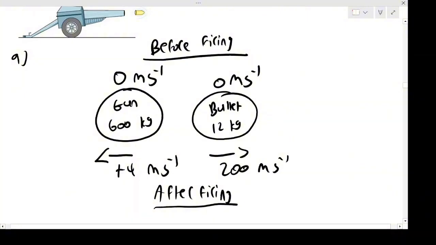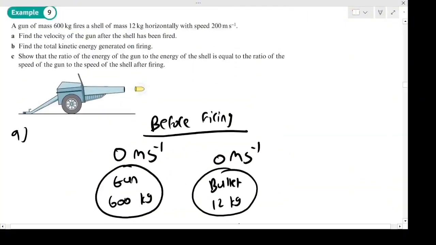So it tells me when this cannon gun shoots the bullet forward, it goes backwards. That's called recoiling. If you're slightly familiar with guns, a gun will recoil backwards to allow the bullet to shoot forward with quite some speed. So there we are.